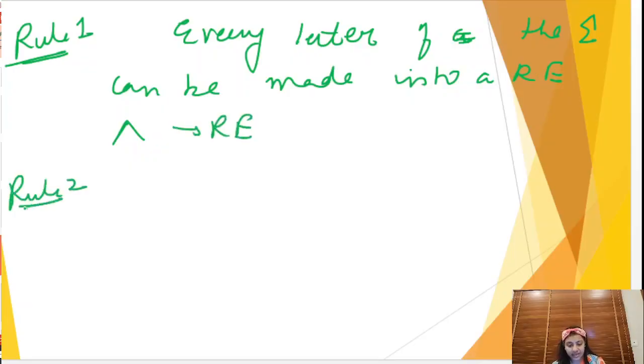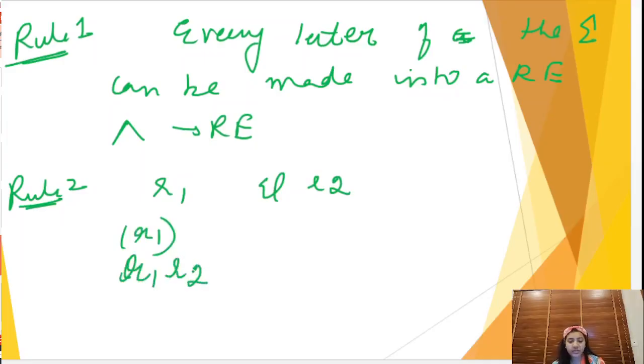Rule 2 says that if R1 and R2 are two regular expressions, then R1 concatenated with R2 is also a regular expression, R1 plus R2 is also a regular expression, and R1 star is also a regular expression, right?